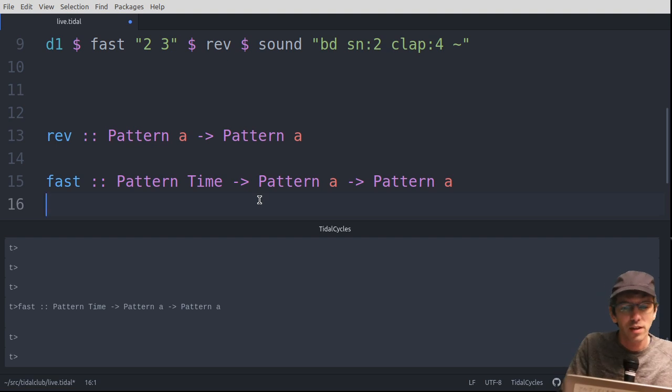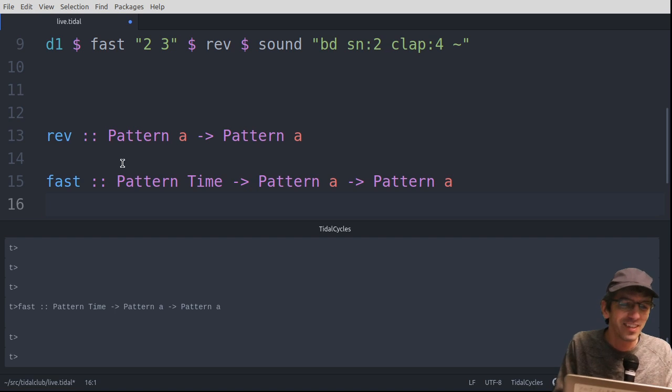So if you're used to other programming languages, functions and procedures always have a certain number of inputs, but with Tidal, and actually it's Haskell, functions only ever have one input. They only have one input and one output. They never have no outputs. There's always an output and one input.